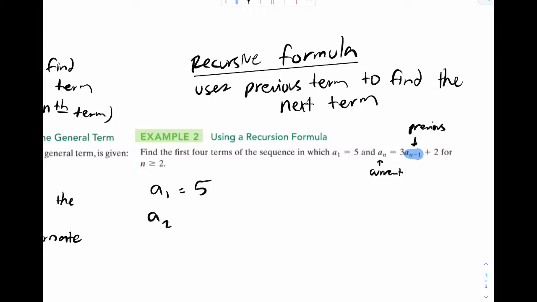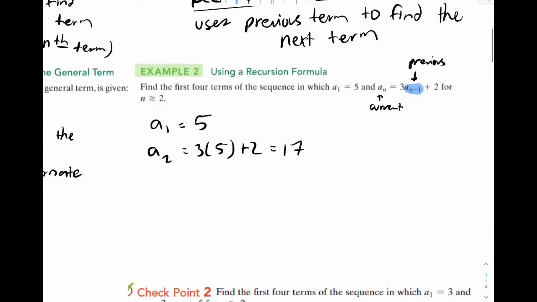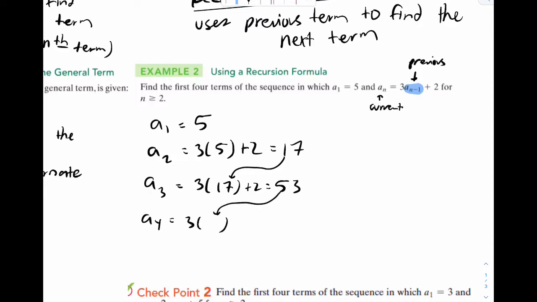So for example, if I want the second term, I take the previous term, 5, do 3 times the previous, and add 2, which is going to be 17. If I want the third term, I have to do 3 times the previous, which is 17 now, and add 2, which would be 53. If I want the fourth term, I do 3 times the previous, which is 53, add 2, which is 161. So here are my 4 terms.